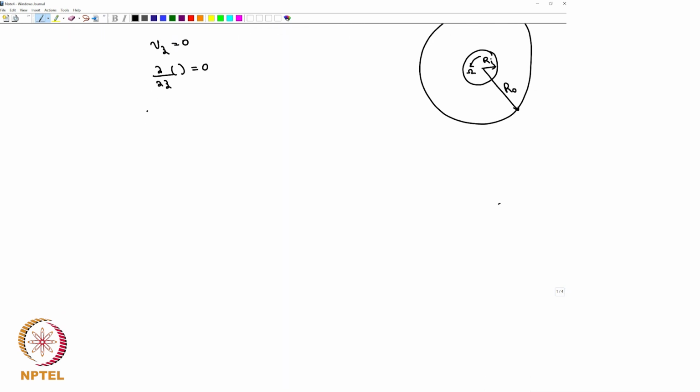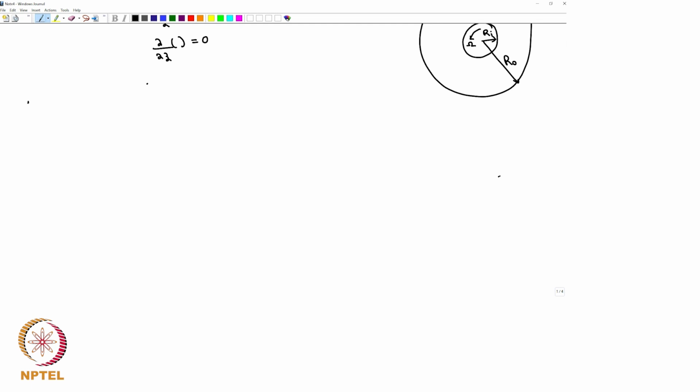Okay. So, the first thing that we need to write down is the mass conservation equation. So, these are again standard equations that we need to take from a book.